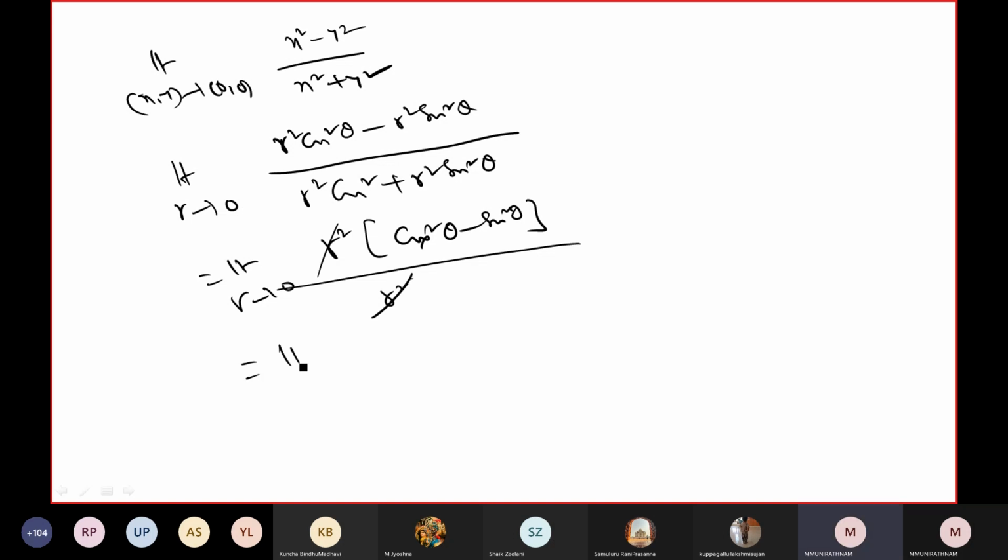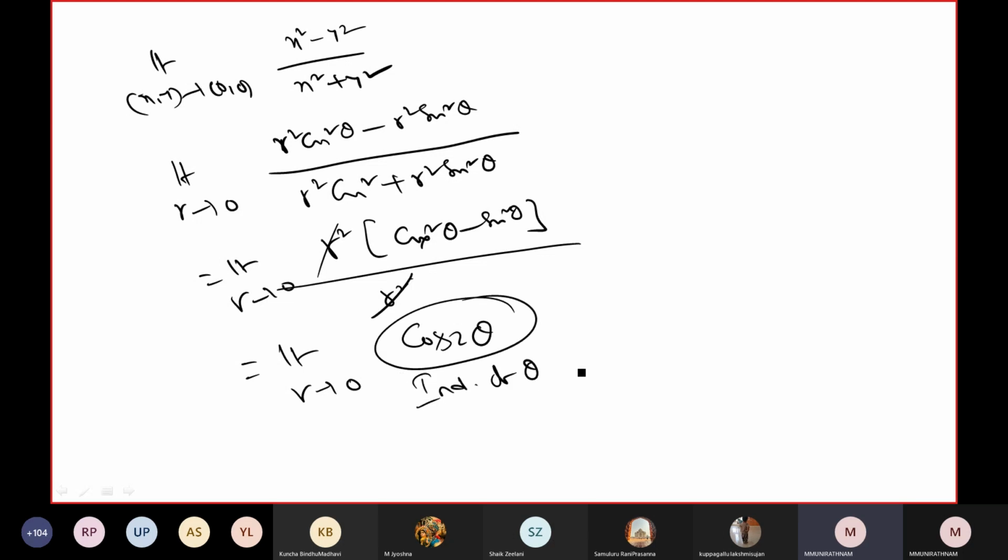So this is nothing but cos square theta minus sin square theta, which is cos 2 theta. But this is independent of r, so I told you that already. Whenever this is dependent on theta, the limit does not exist. Is it okay?